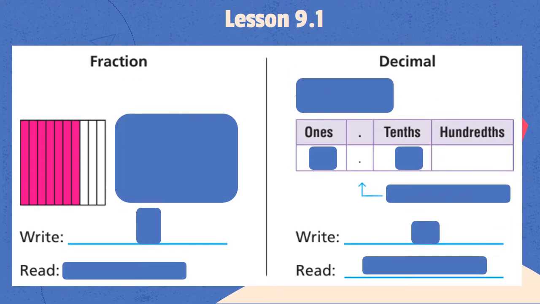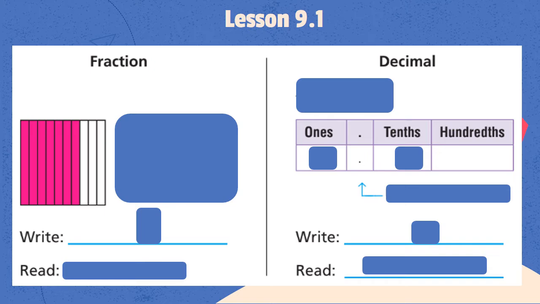Here, in this part, we have a model, and we want to know the fraction and the decimal in this model. So here, can we count? Let's count together. 1, 2, 3, 4, 5, 6, and 7. 7 out of how many?